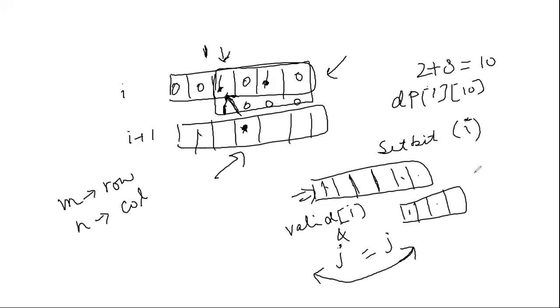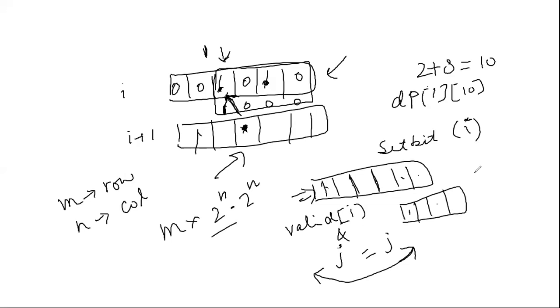So m rows, n columns. What we were doing is for sure m into 2 to the power n states, and then we were iterating it for all the states, so into again 2 to the power n, I guess. So it will be something like this.